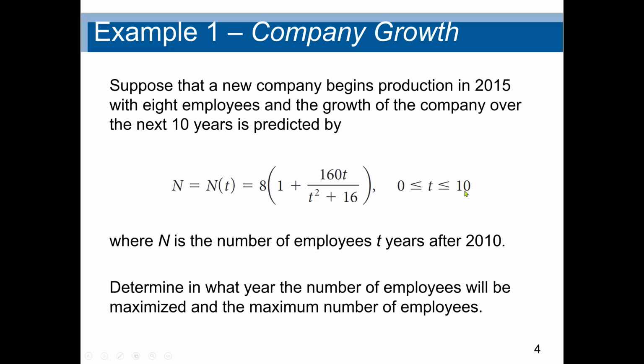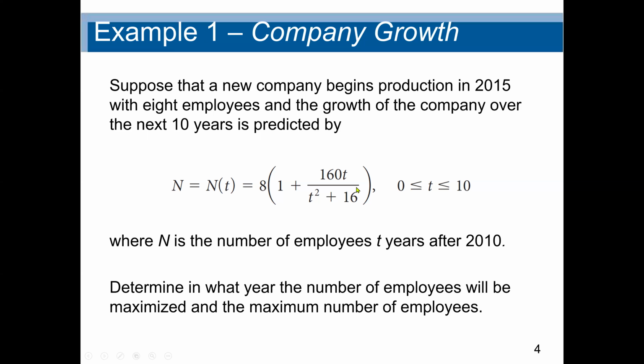We can't say 10 years or 9 years, because maybe by the 5th year we may have a lot of employees, then based on the function given, they may start to reduce. So by the 7th, 8th year it will be lesser than in the 5th, 6th year. We don't know, but the function here will tell us everything. So our goal now is to find the absolute maximum.